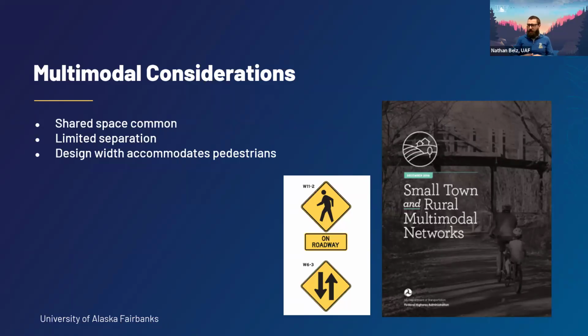And as I just mentioned, the guide does have a lot of schematics that illustrate different paths and signage and roadway markings that are appropriate for pedestrians in these low speed and low volume scenarios.